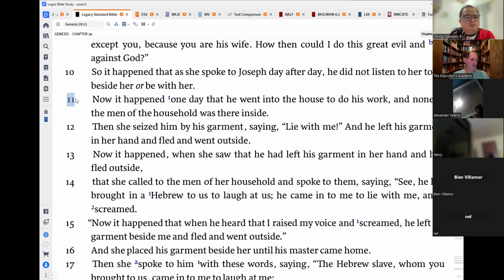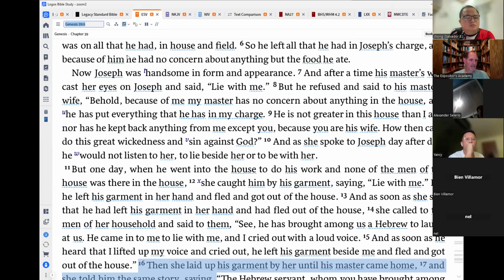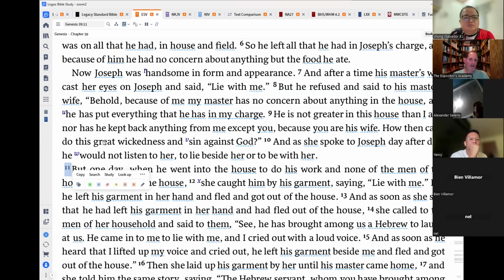The ESV breaks it down by paragraph. So the middle of verse 6, you notice they have a new paragraph. See that indent here? Verse 11, they have an indent. So that's a new paragraph. So I think that's their way of identifying the scenes.